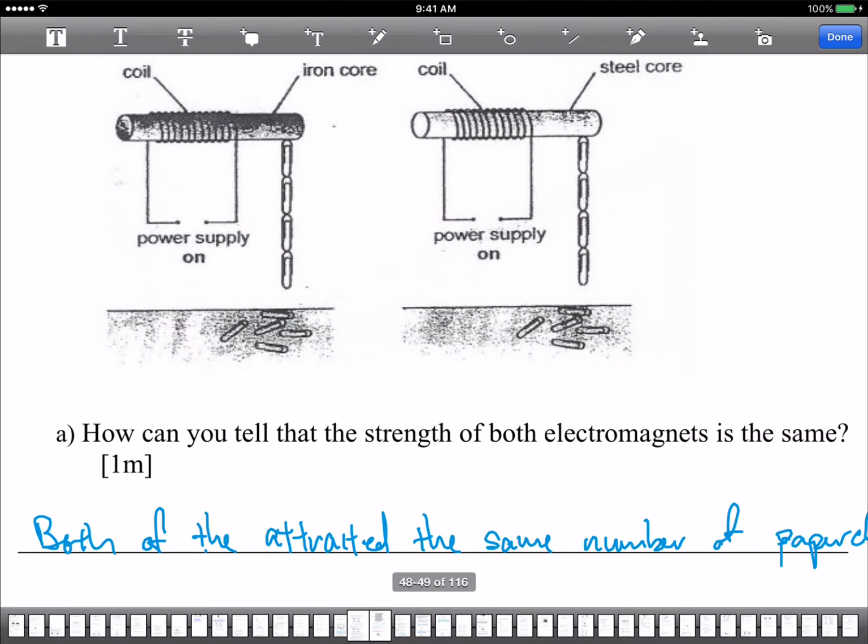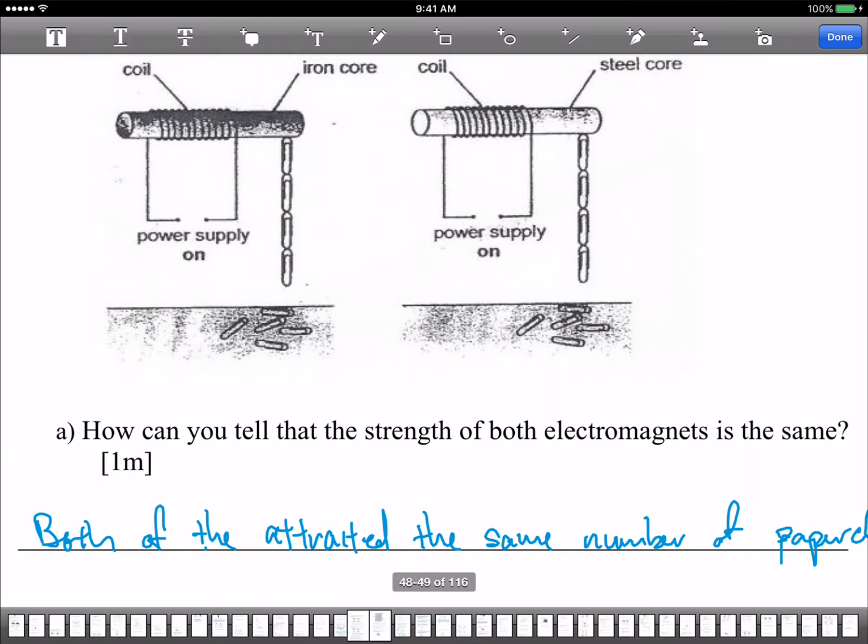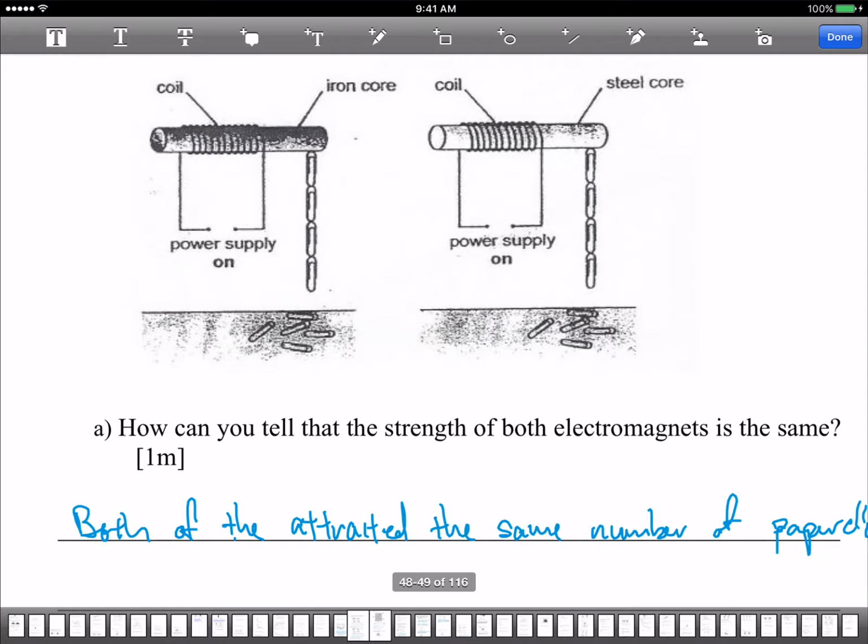Okay, you can see the answer here. Both of them attracted the same number of paper clips, but you should add one more: at the same distance. Same number of paper clips at the same distance. Okay? Same distance, same number of paper clips. Next.